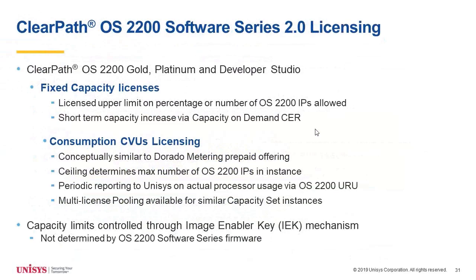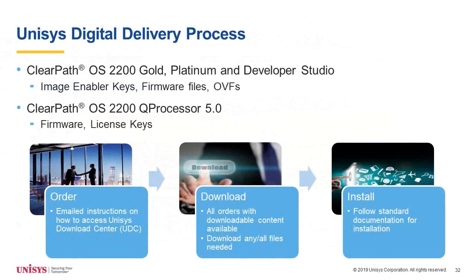Now the software series is available through the Unisys Download Center. We're using a digital delivery process for Gold, Platinum, and Developer Studio to provide the firmware, the OVFs, and the key structures that are needed in order to implement those fixed capacity or consumption workloads.